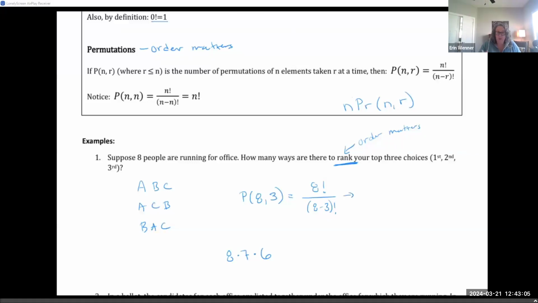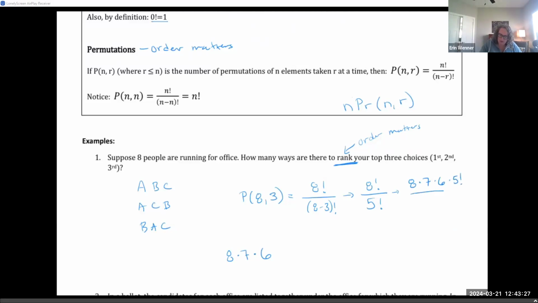From the formula standpoint, we've got 8 factorial over (8 minus 3) factorial, which is going to be 5 factorial. And if we expand out 8 factorial, that's going to be 8 times 7 times 6 times 5 factorial, all divided by 5 factorial.